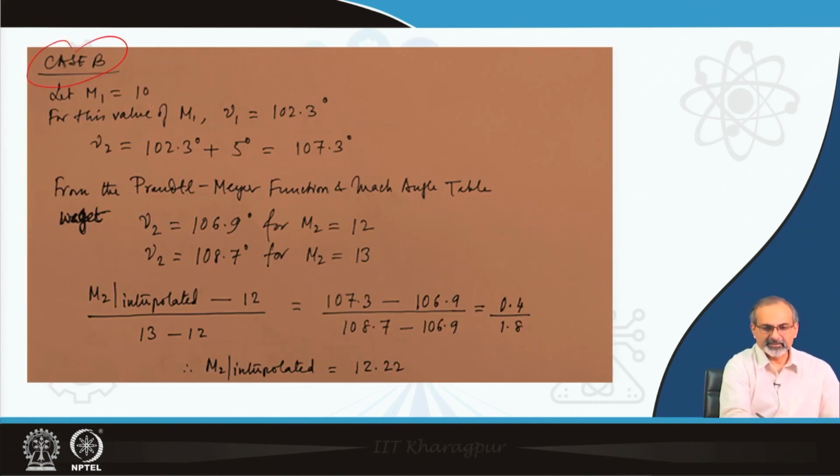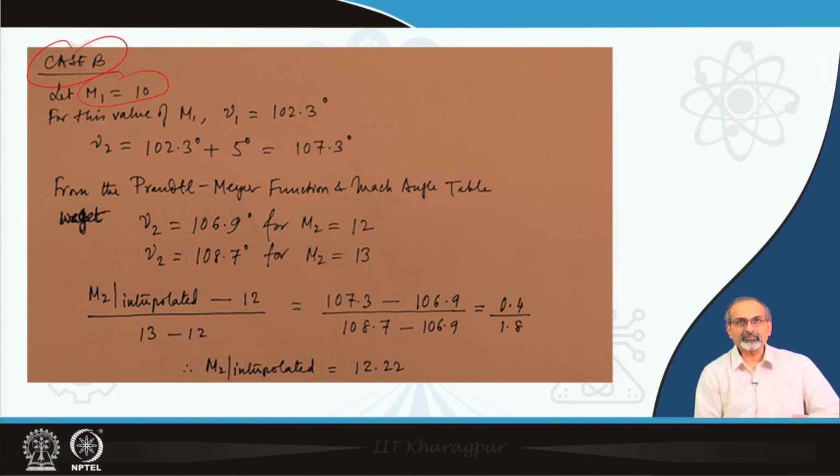We will consider case B with a much higher upstream Mach number. As a consequence, you will find that the Prandtl-Meyer function value changes, it becomes 102.3 degrees. You add 5 degrees to generate the value of nu 2, which is downstream of the fan.